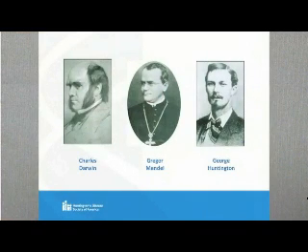Here are pictures of three contemporaries in the mid-19th century, Charles Darwin, Gregor Mendel, and George Huntington. They were all working at the same time, relatively oblivious to what each other were finding. But Huntington actually described dominant inheritance in a human disease, and Gregor Mendel had described it in pea plants for the first time.